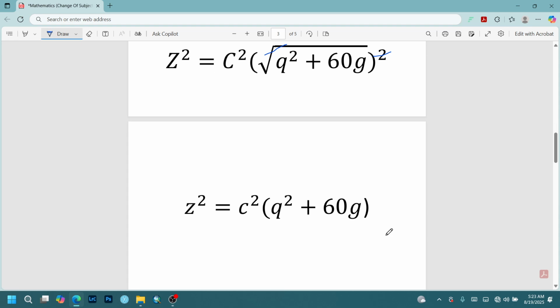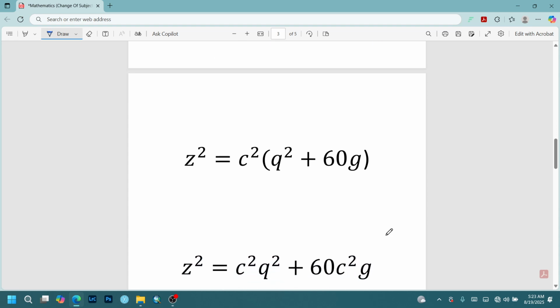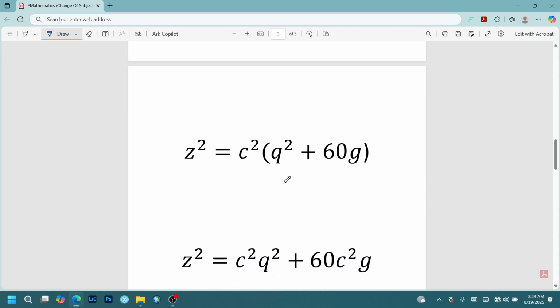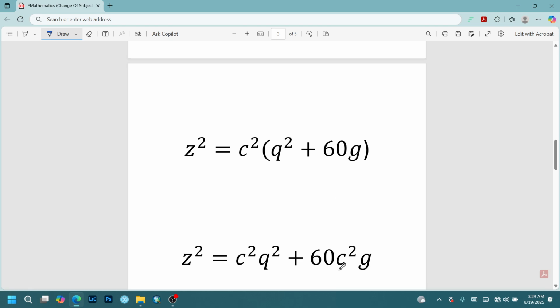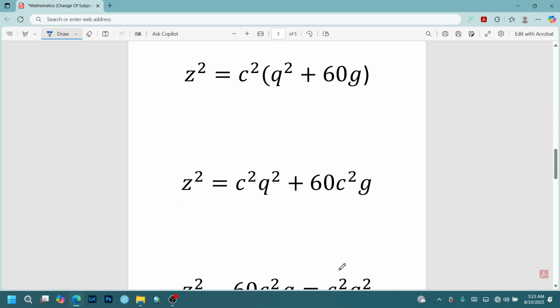So afterwards, we do some expansion. So z square equals c square multiplying k square will give you c square k square, right? C square multiplying positive 60j will give you positive 60 c square j, right?